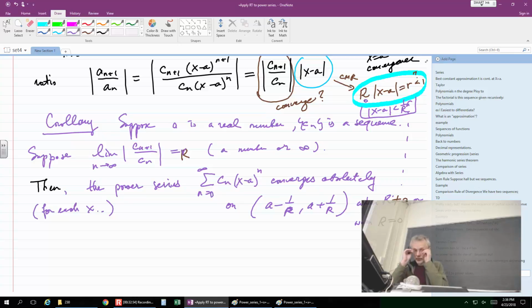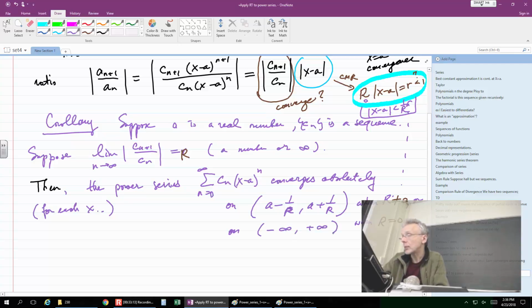The limit is equal to 0, and then the answer is it converges on what? Every x.